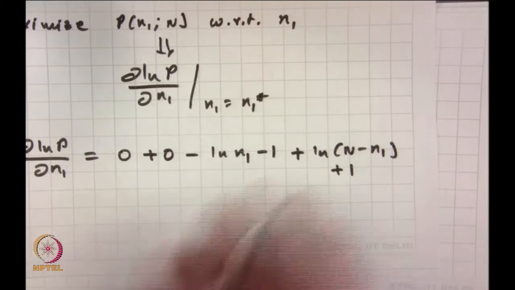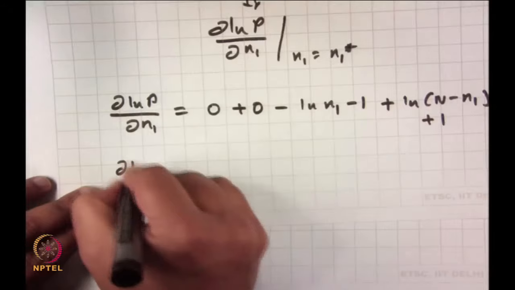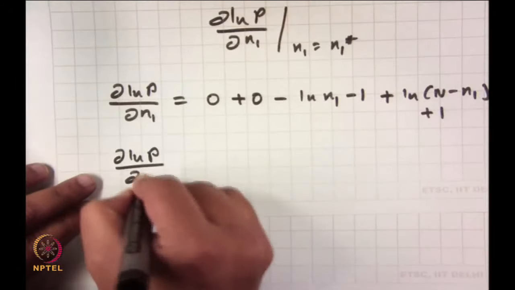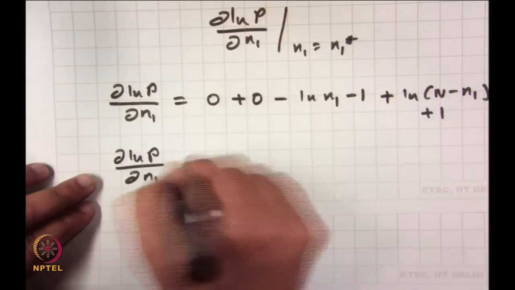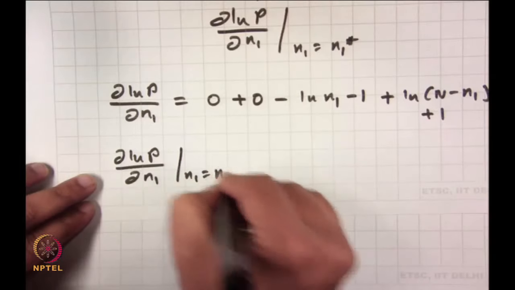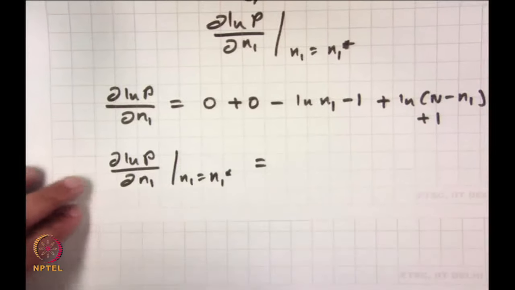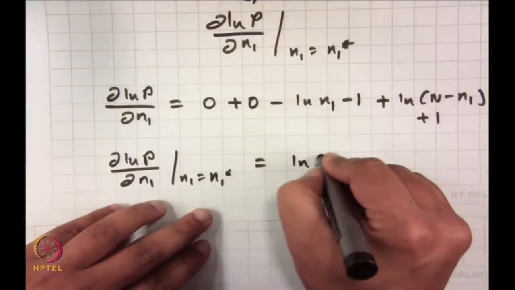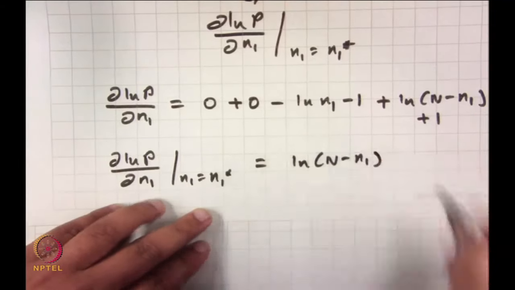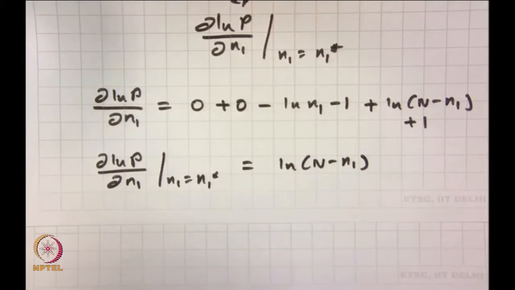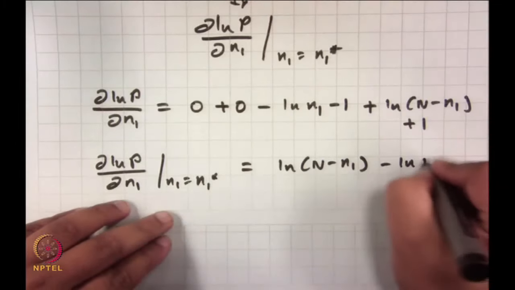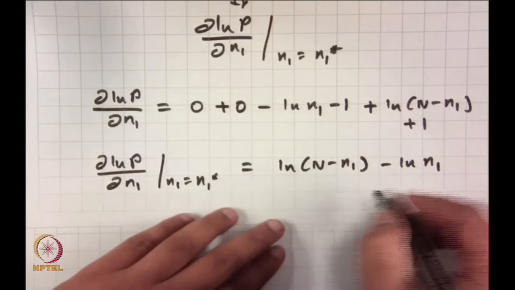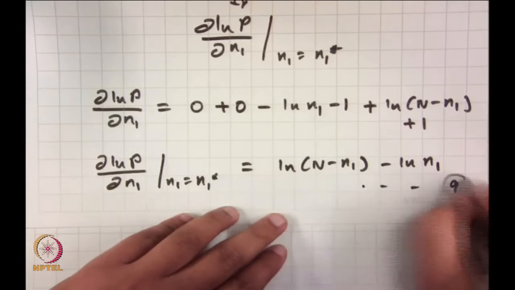So, hence ∂ ln p over ∂n1 at n1 equal to n1 star is given by natural log of (n minus n1), then minus ln n1, and this would be your equation number 9.